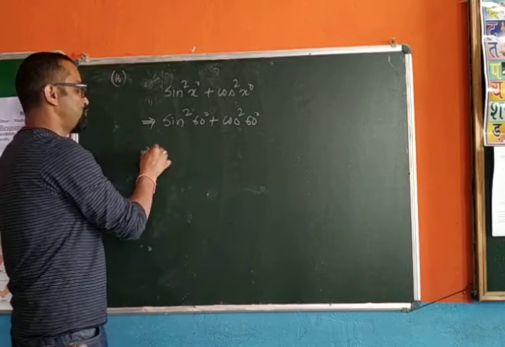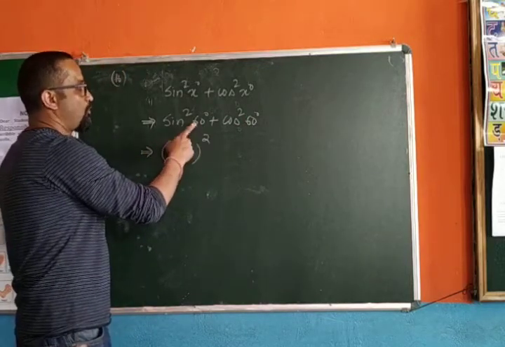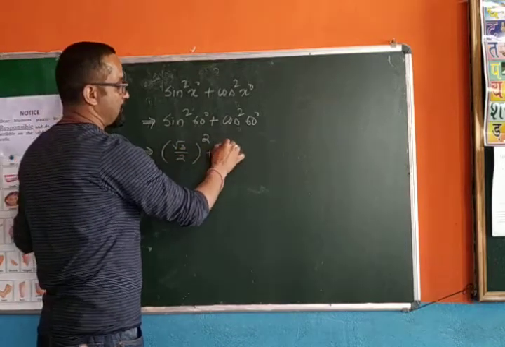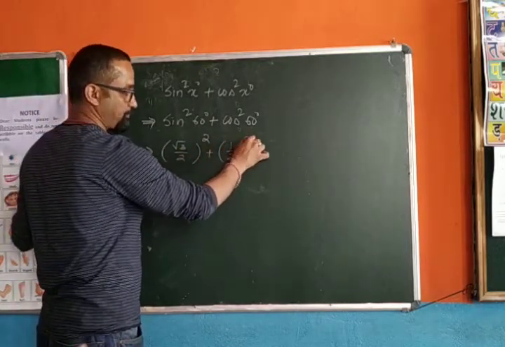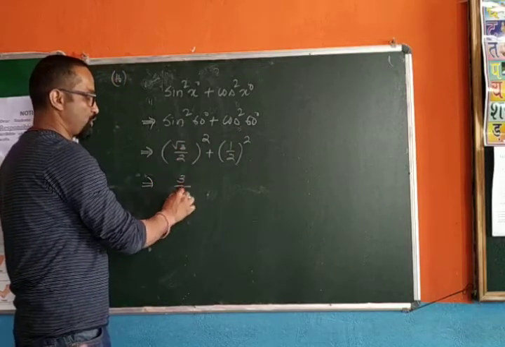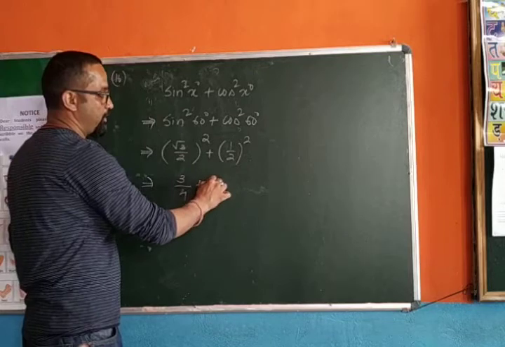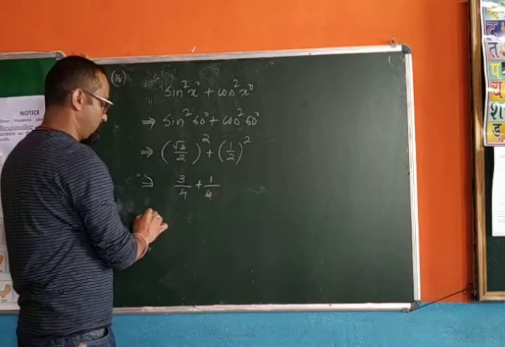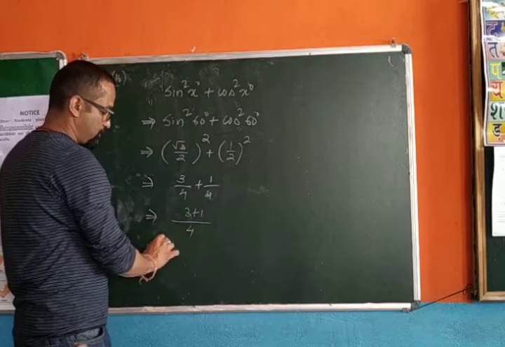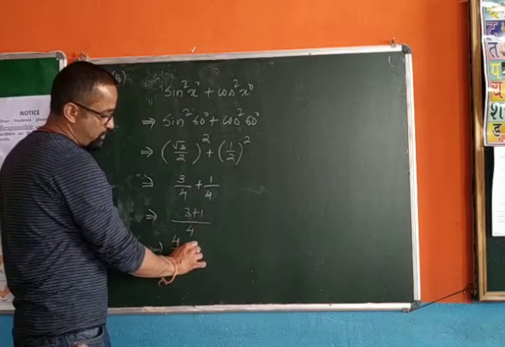Now substitute. Sin 60 is root 3 by 2. Cos 60 is 1 by 2. Square of root 3 is 3. Square of 2 is 4. Square of 1 is 1. Square of 2 is 4. LCM 4. 3 plus 1 is 4, 4 divided by 4 is equal to 1.